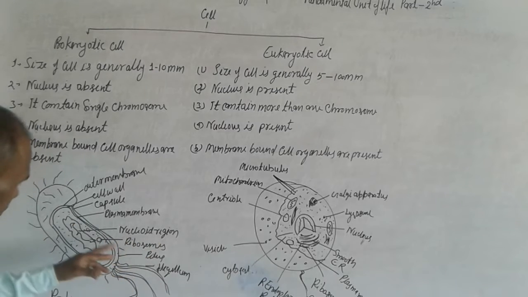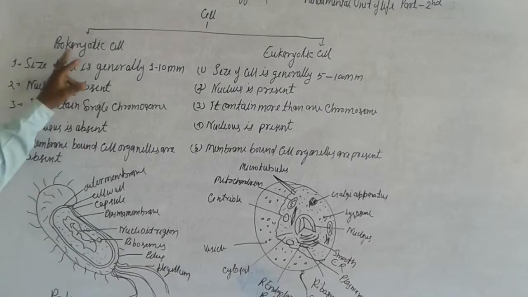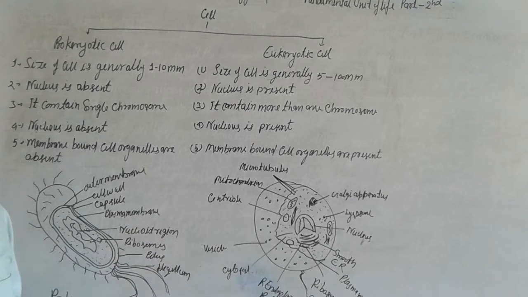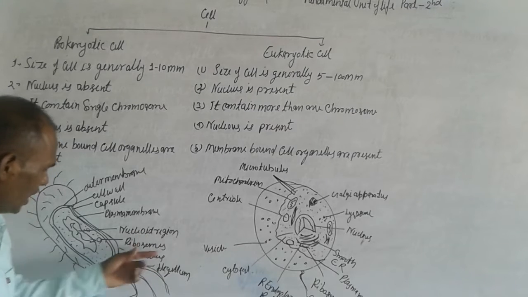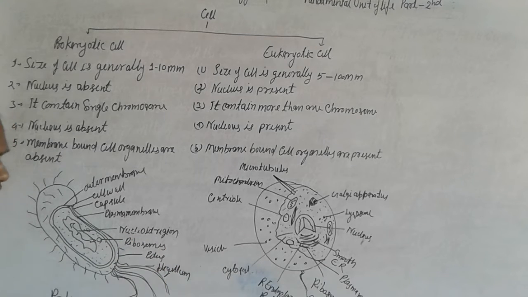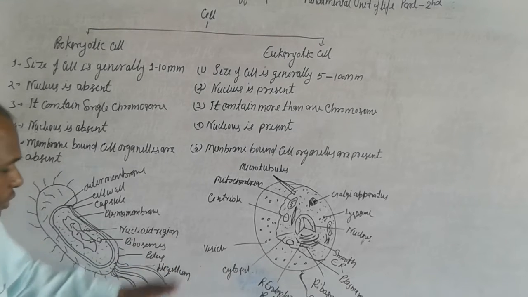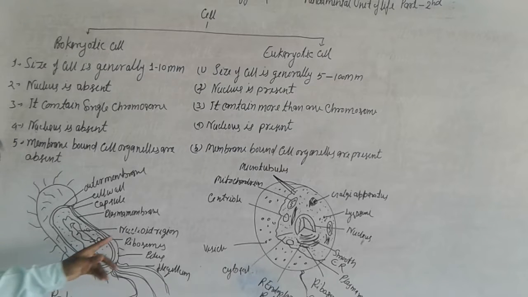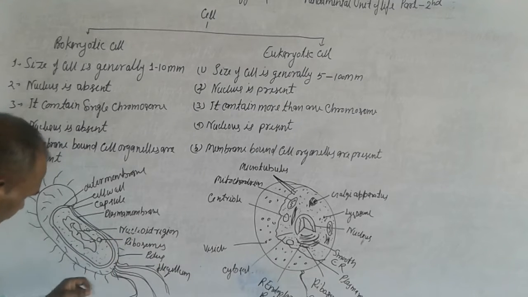In this prokaryotic cell the nucleus is absent, so a nucleus-like structure occurs which is called the nucleotide region. The nucleus is not present, but the nucleotide region is present.